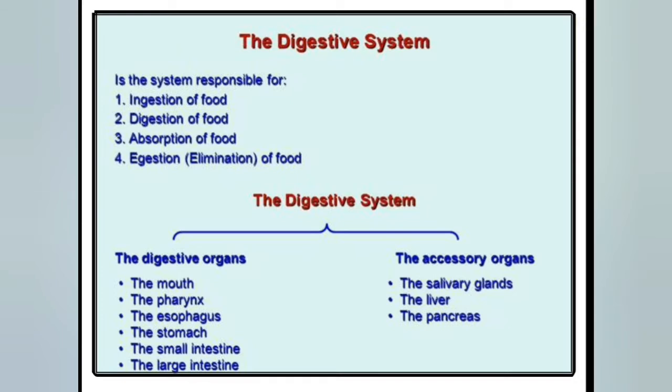The accessory organs are the salivary glands, which secrete a liquid substance called saliva, followed by the liver. The liver is the largest gland in your body and it secretes bile juice, and the pancreas also secretes pancreatic juices. So the digestive system has been classified into digestive organs and accessory organs.